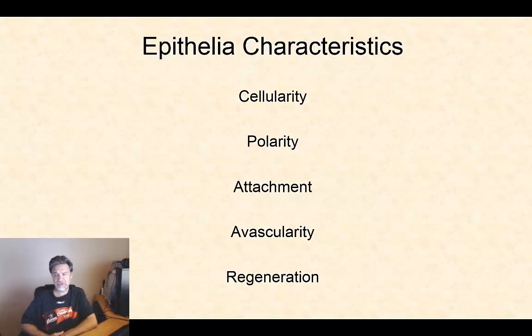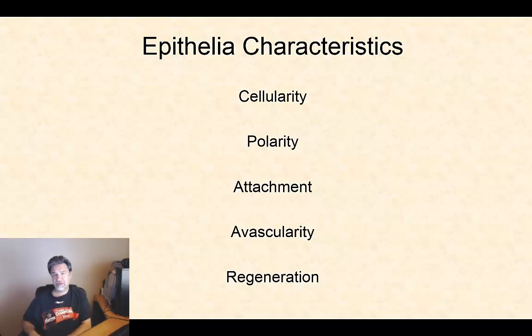Now, the characteristics of epithelia, there's 5 of them, and the first is that they display what is called cellularity. What this means is that there is very little intervening material between the cells. They're pretty much right up against each other, and they're held together by cell proteins, by junctions. We're going to see this especially when we hit the cell junctions video.